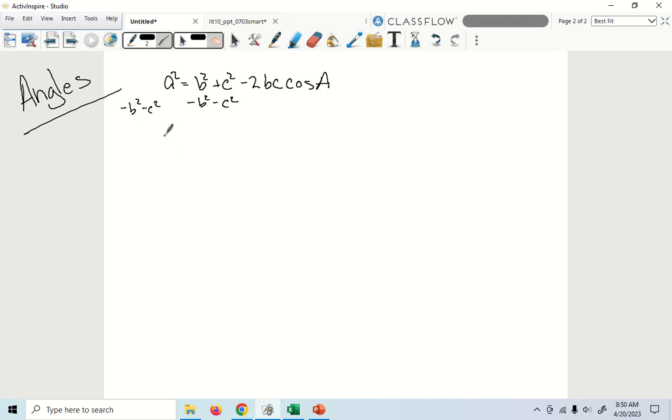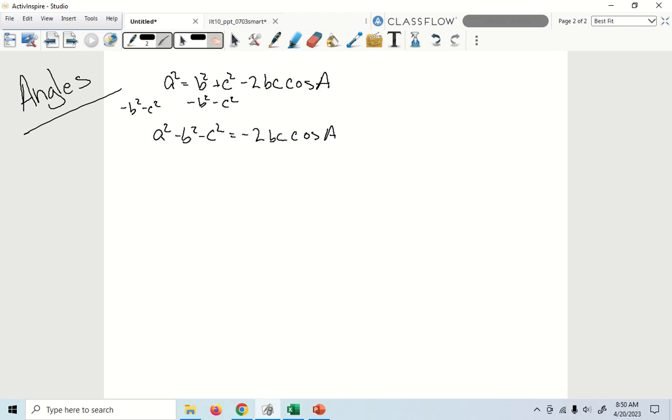So now it says A squared minus B squared minus C squared is equal to negative 2BC cosine of big A. Now, if I'm trying to get the A by itself, what's this negative 2BC doing to my cosine A?